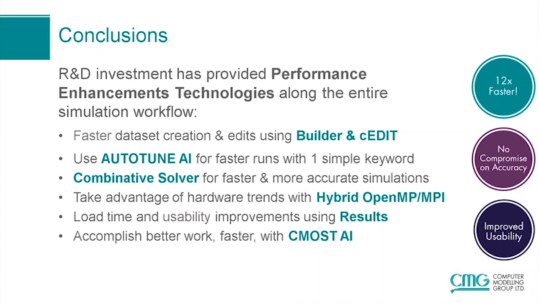Dyna Grid has been available in our simulators for over 10 years now, or maybe 15. And over the years, we have improved its capabilities quite a bit. So give it a try and see how it performs on your models. The rest of the features like Autotune, Combinative, and MPI are 2017 release features.